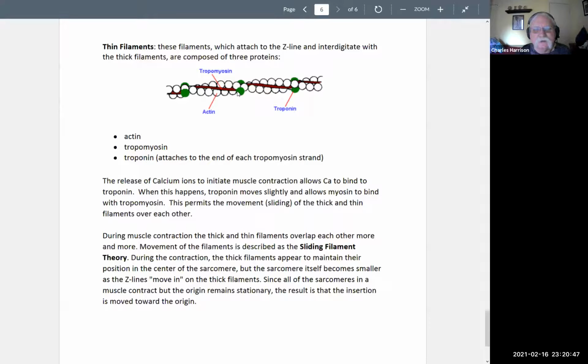And that means the thin filament is going to be drawn over the thick filament. The thick filament's not going to change. The thin filament's not changing, but they're changing positions.